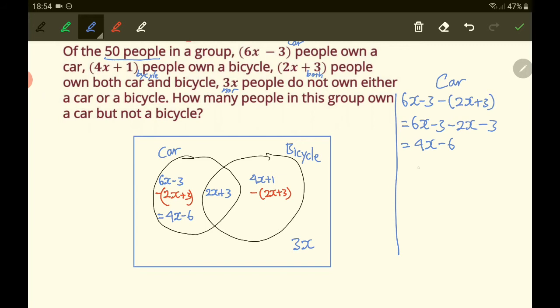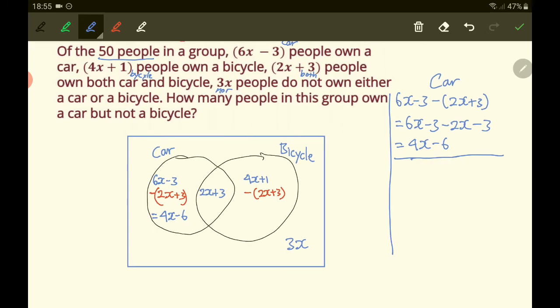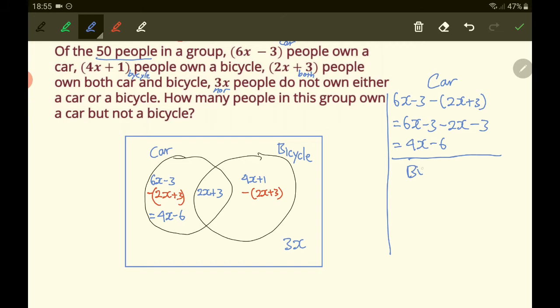And then how about bicycle? Okay, bicycle. Again, sorry, my mistake. So bicycle here is 4x plus 1 minus bracket 2x plus 3.